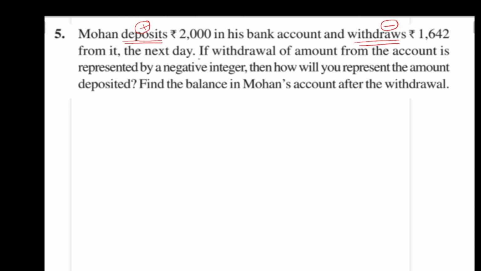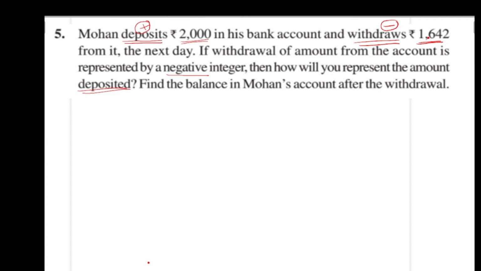From it, the next day, if withdrawal of amount from the account is represented by negative integer, then how will you represent the amount deposits? Okay, that means total 2000 rupee you have in the account. Okay, and from that amount 1642 rupees withdraws. That means taken out. So what is the amount? Okay, so how to write?